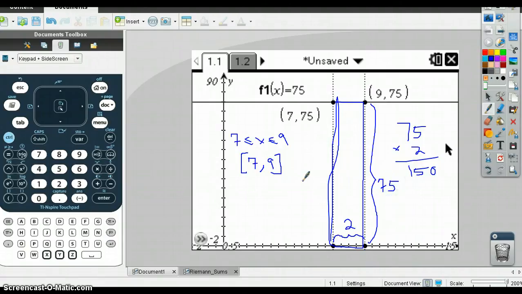Now, if I wanted to find the height at 9, I could have just done f of 9 and figured out the height of this rectangle, but I know that f of any x is 75. So I use my function to find out the height of my rectangle. I get a rectangle, and I can just find the area of it. I notice that 75 times 2 is 150.